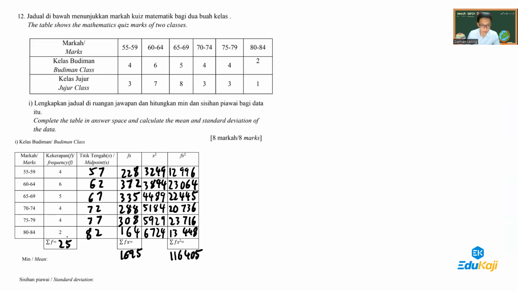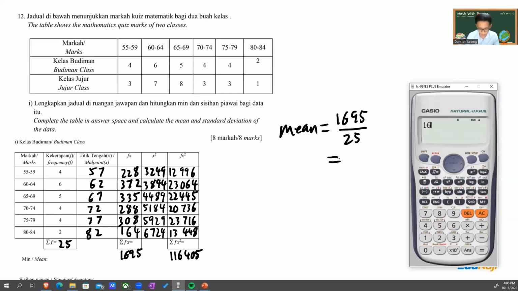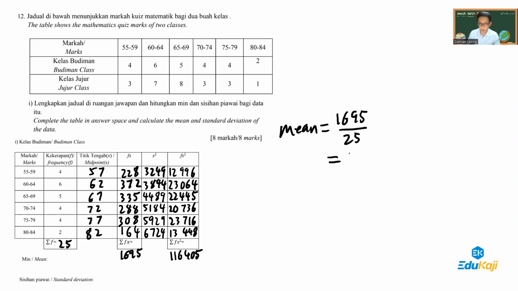Then the mean is sum of fx divided by total frequency. 1695 divided by 25 is 67.8.